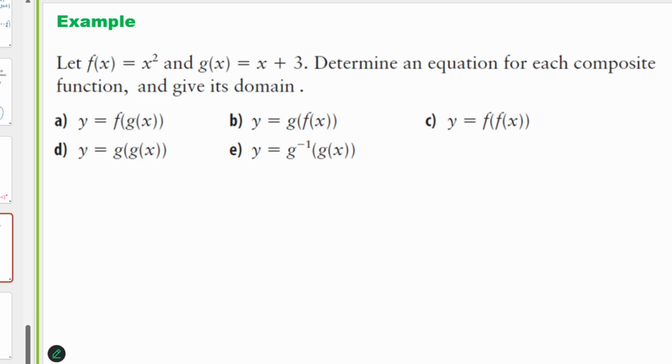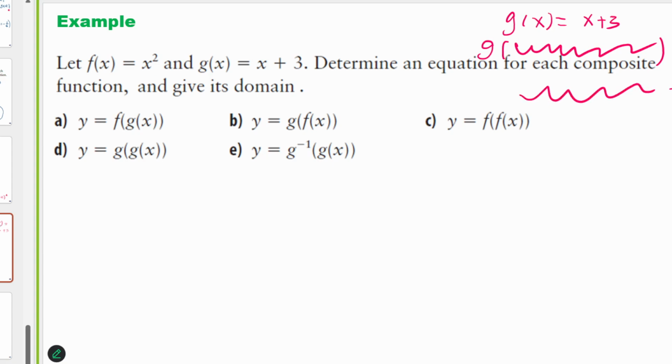So if g(x) is x plus 3, if the input is x, output is x plus 3, and for example you want to evaluate something, then the output is always something plus 3, right? Doesn't matter what your input is here. It will always return the input plus 3. That's the meaning of a function, right?